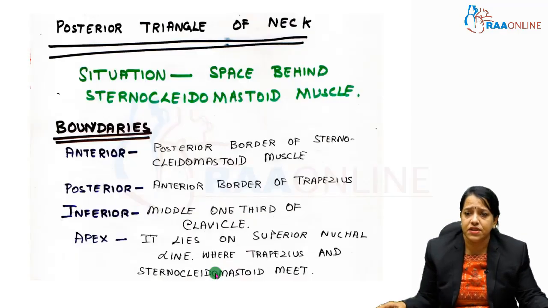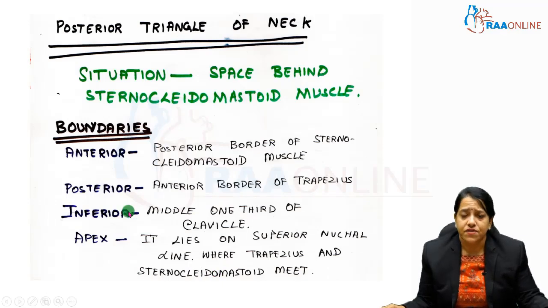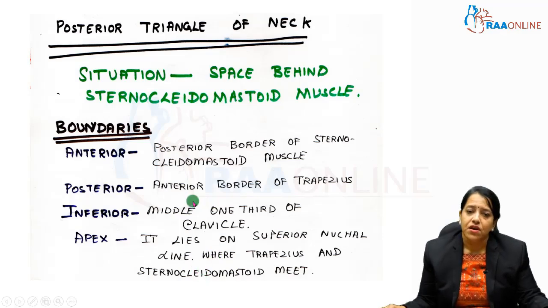Once we have seen these boundaries: anteriorly the posterior border of sternocleidomastoid muscle, posteriorly the anterior border of trapezius, inferiorly the middle third of the clavicle, and the apex on the superior nuchal line where the trapezius and sternocleidomastoid meet. So these are the boundaries of the posterior triangle of the neck.